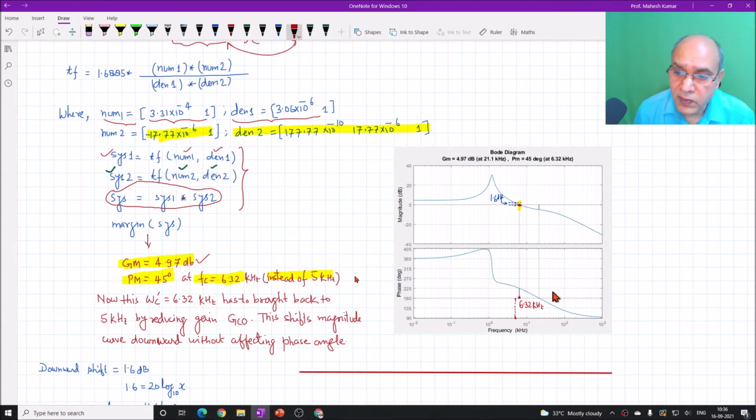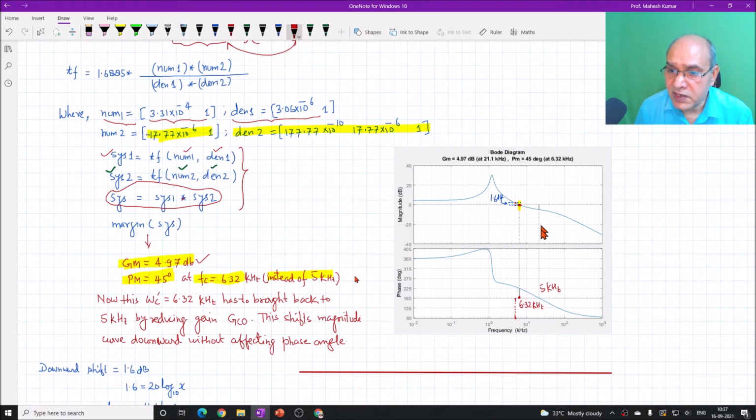But our design plan was to have it at 5 kHz. Because of approximation, the carrier frequency does not coincide with 5 kHz. So it had to be adjusted.